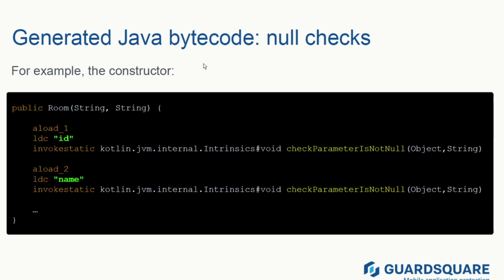And in order to implement that, Kotlin compiles null assertions into your code. And this is an example where the intrinsic class is called with check parameter is not null. And as an argument, it gets hard-coded the name of the property or the field that is being checked here.